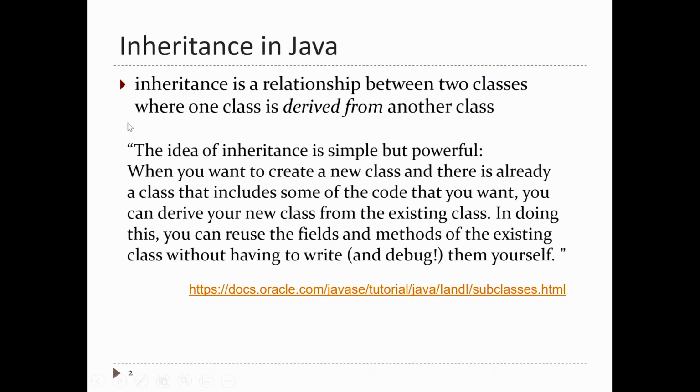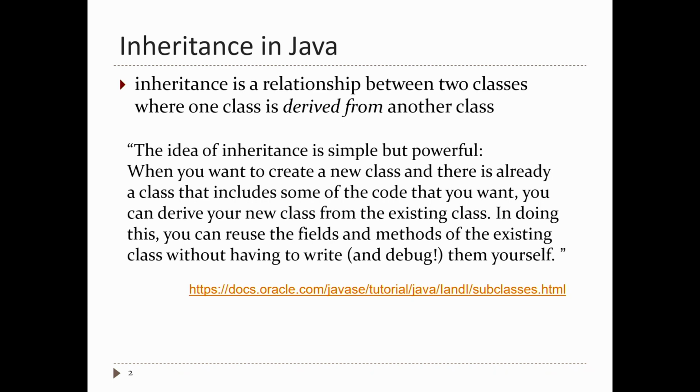So here's a quote from the Java tutorial. Inheritance is a relationship between two classes where one class is derived from another class. The idea behind inheritance is powerful. If you want to make a new class, and there's already a class that does what you want it to do, then you can inherit from that existing class.